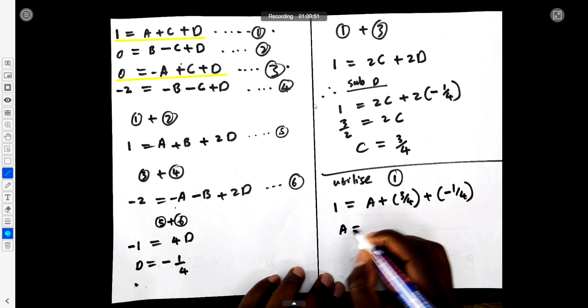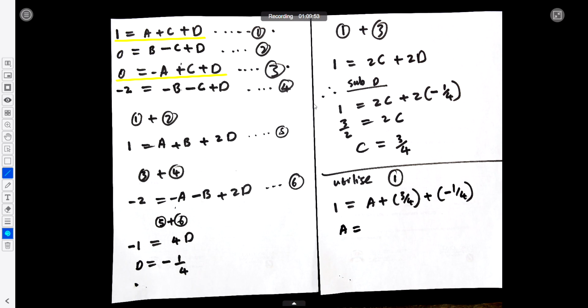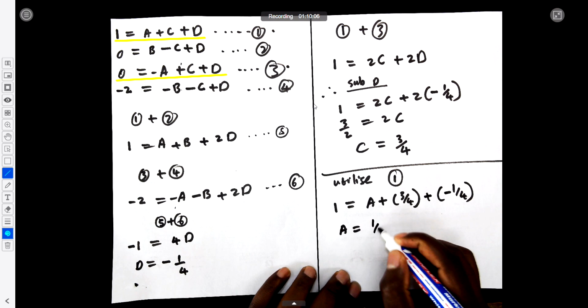Therefore, A will be equal to, I'm skipping steps here, 3 over 4 plus negative 1 over 4, which is 2 over 4, which is half. Take half to the other side. You are subtracting from 1. You are getting 1 over 2.